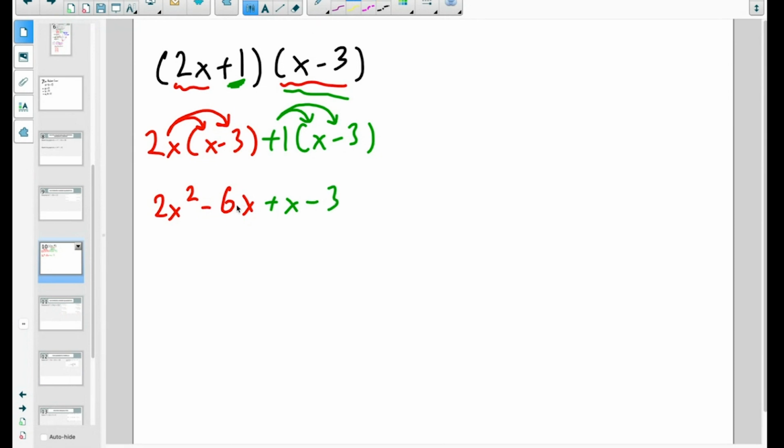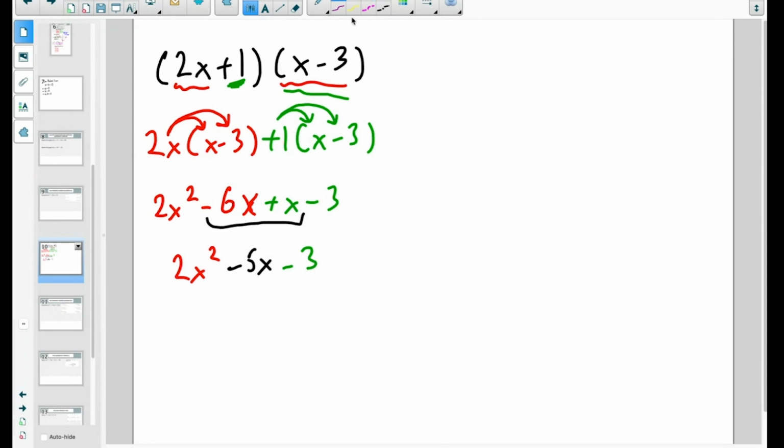And there's going to be a really specific reason why I do this. I'm going to combine my two middle terms here, and we'll end up getting a minus 5x in the middle. My term at the front and my term in the last position aren't going to change.